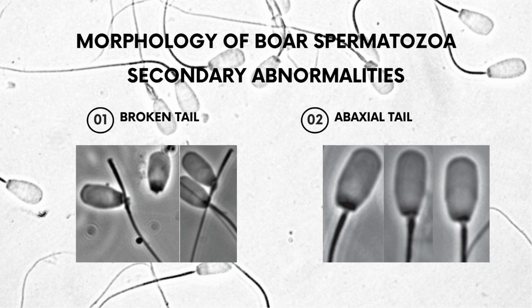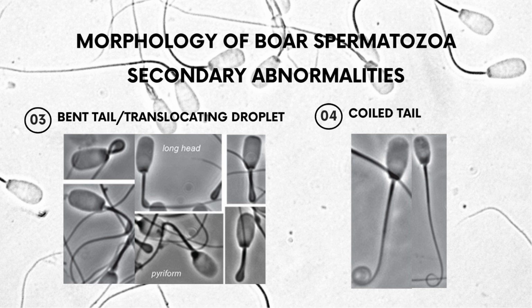This slide shows a broken tail, where the tail is snapped off from the head. The other photo shows a sperm with an abaxial tail. Abaxial tails are observed when the insertion of the tail to the head is off-center. They are relatively common in some species of boars. We also have the bent tail, translocating droplet, as well as the coiled tail.